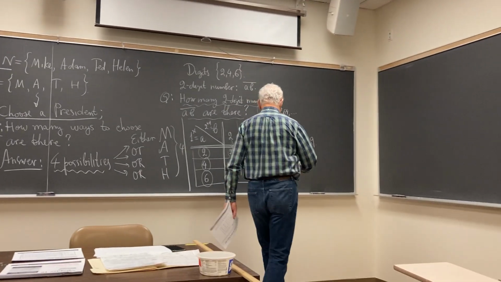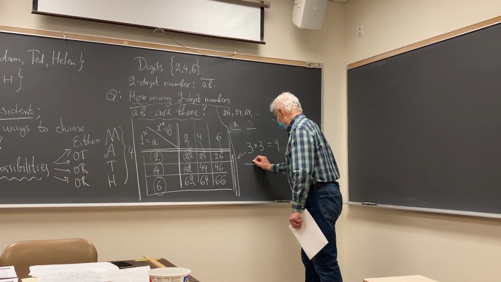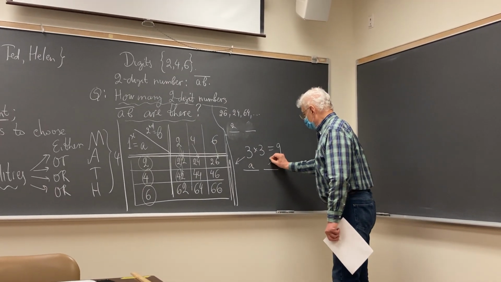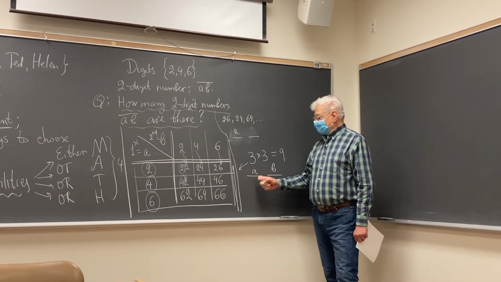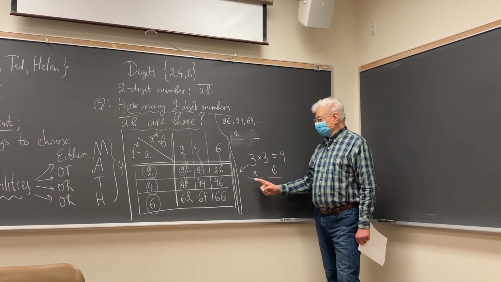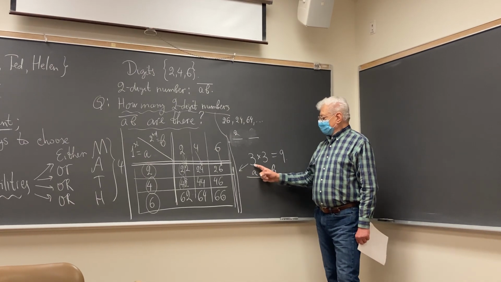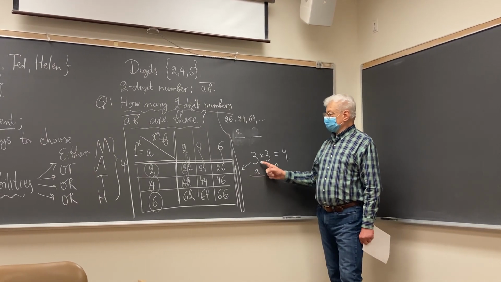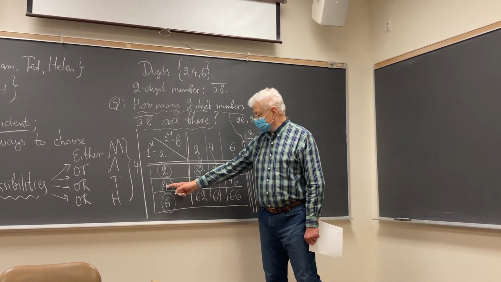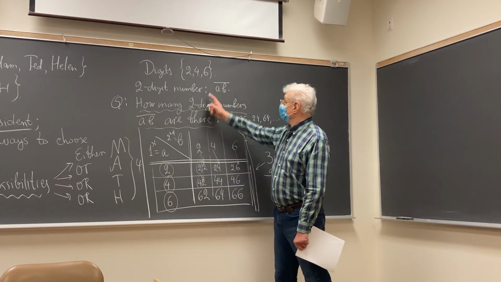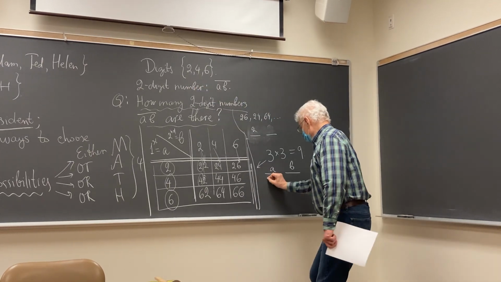We take digit A, we take digit B, and we ask ourselves in how many ways you can use the first digit, digit A. There are 3 possibilities, 1, 2, 3.